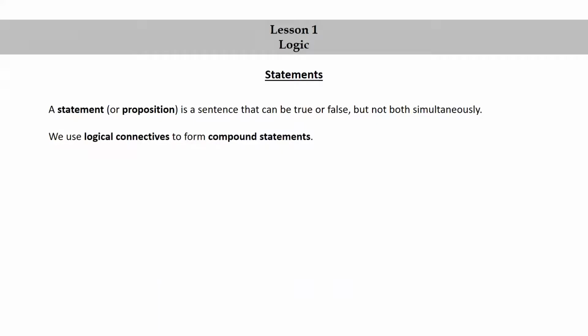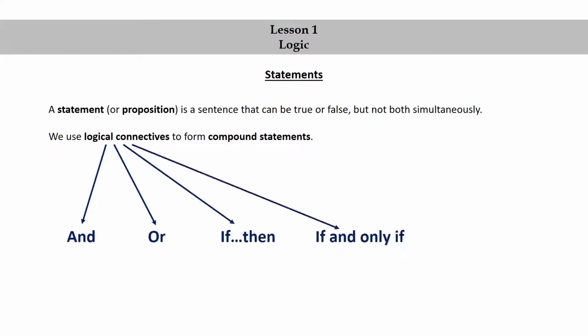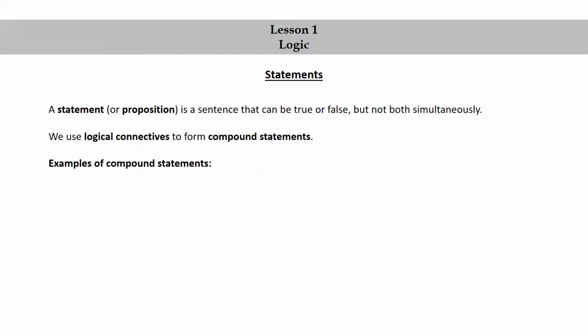We use logical connectives to form compound statements. The most common logical connectives are and, or, if then, if and only if, and not. Let's look at some examples of compound statements. 26 is an even number and 0 equals 1.